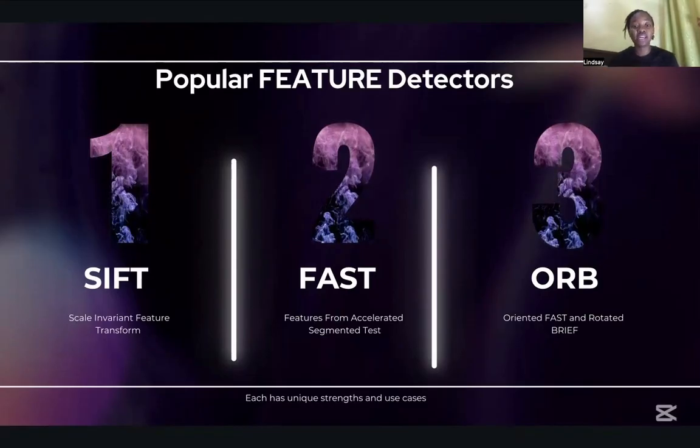Each of these has unique strengths and use cases that I'll explain in a bit. But all these are the forms in which we can do feature detection. I think the major ones that we shall probably look into are SIFT and FAST, but we shall still explain all of them.